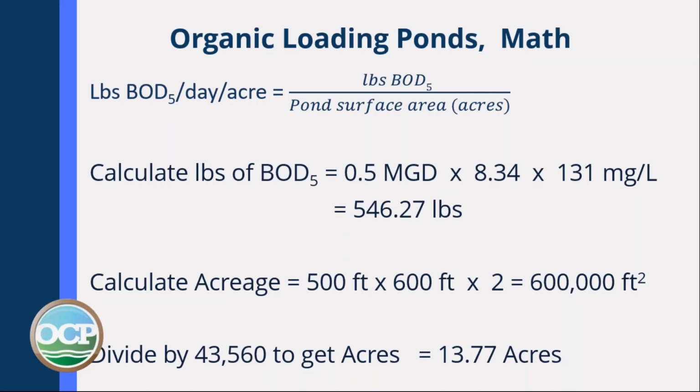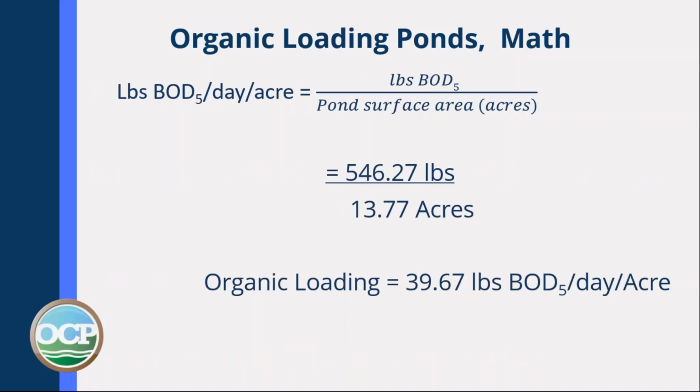Each acre is 43,560 square feet. So you take your 600,000 square feet divided by 43,560. In your lagoon system, there is 13.77 acres. So you take your pounds of BOD, 546.27, divided by the 13.77 acres, and the organic loading is 39.67 pounds of BOD per day per acre.